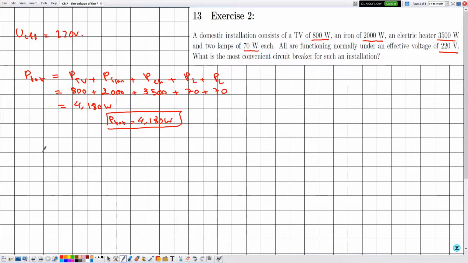Now after we have determined P total, we know that P total is related to the main current because P total is U effective multiplied by I main, and we are interested in determining I main.